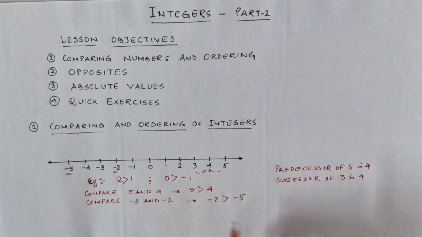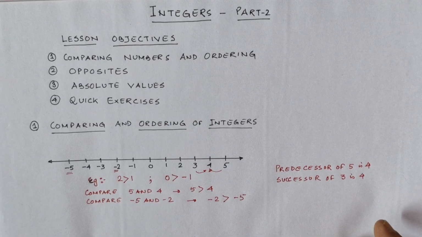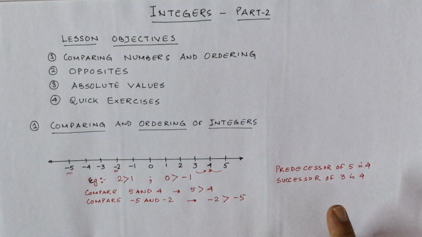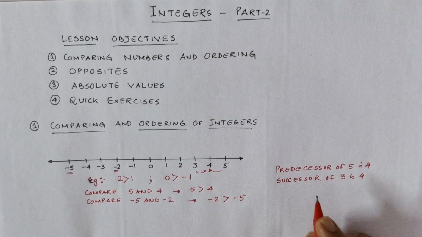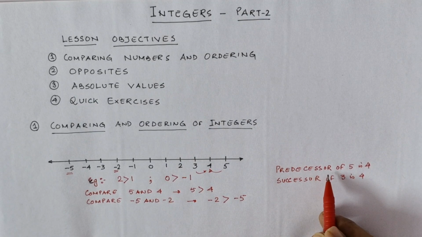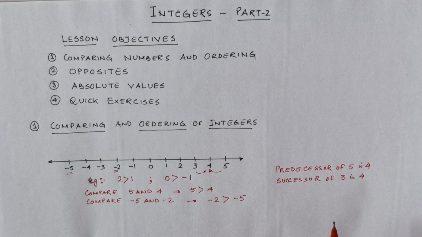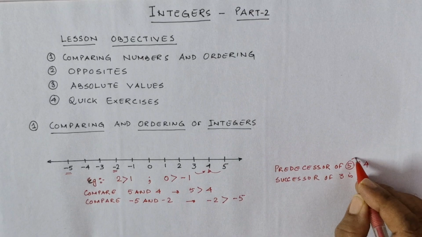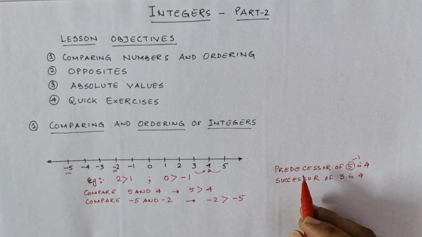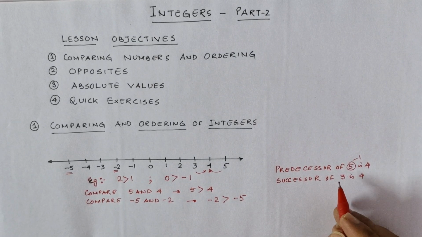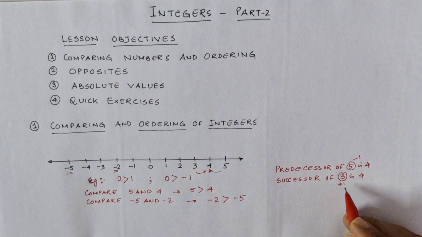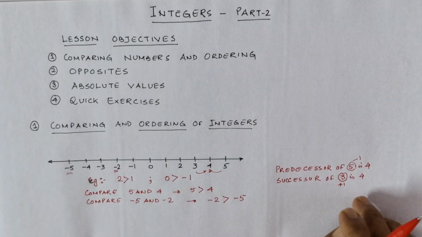See, the one number after the given number is the successor. So when you are asked to find a predecessor, you just subtract 1 from the number. When you have been asked to find the successor of a given number, you just add 1 to the given number. So remember this, right?